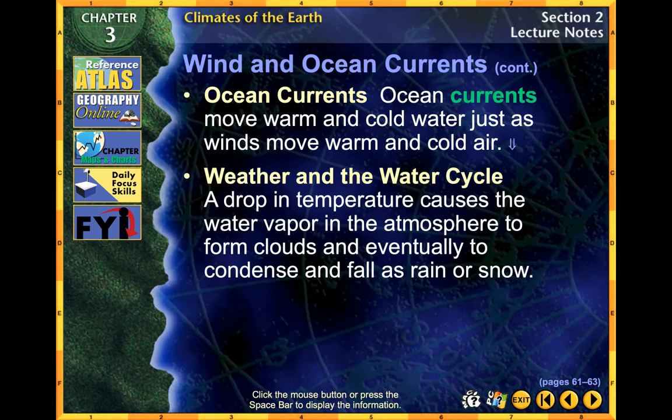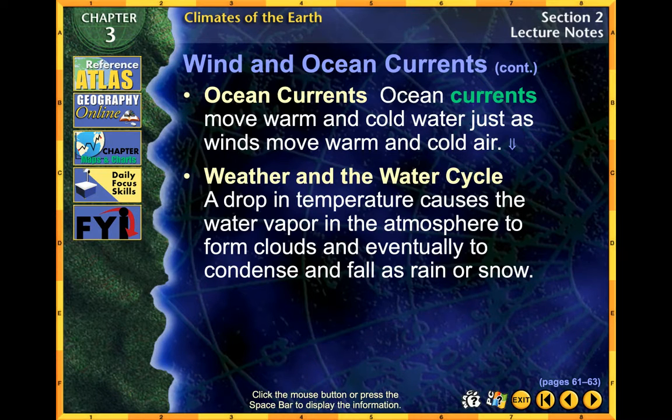The Coriolis effect works in this too, causing them to move in clockwise circles in the northern hemisphere and counterclockwise in the southern hemisphere. And as ocean currents circulate, cold water from the polar areas moves slowly toward the equator, warming as it moves through the tropics. This water forms the warm ocean currents, and this warm water then moves away from the equator, cooling to become a cold ocean current.